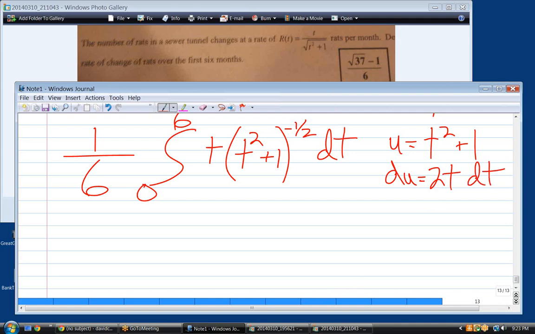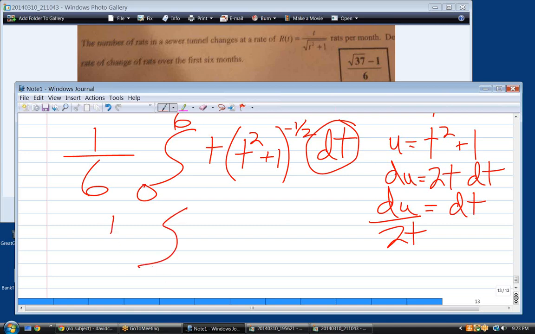Yeah. Okay, so let's figure out what dt is. dt is du over 2t. I don't usually do this part, but it's important because it shows you that when I substitute for dt, I'm going to have a 2t in the denominator, which is beautiful. It gets rid of that inconvenient t.